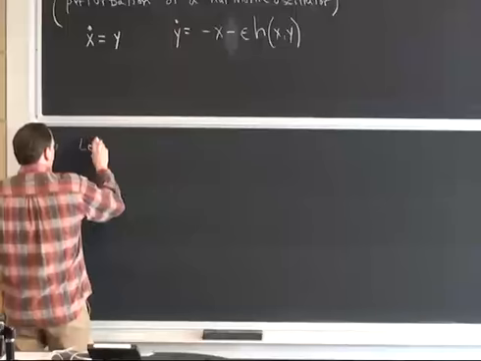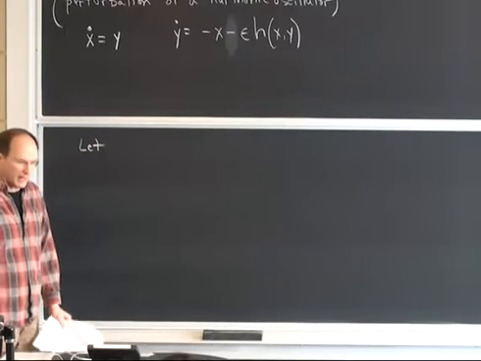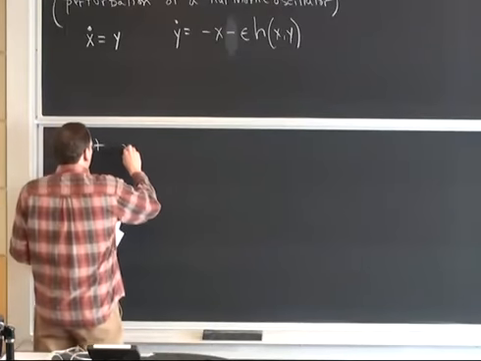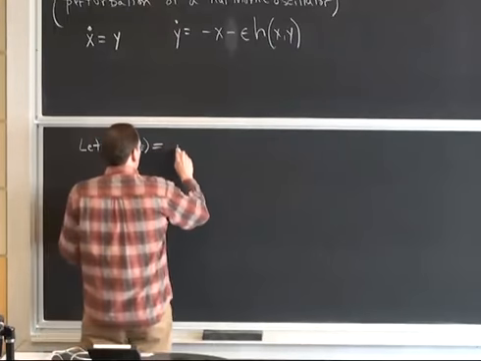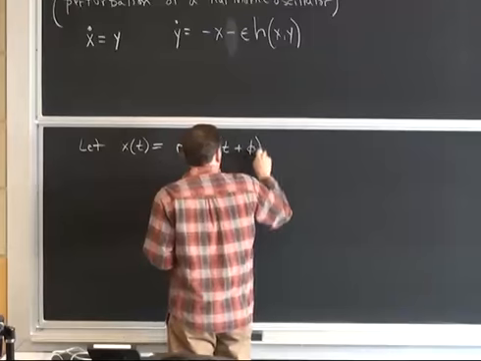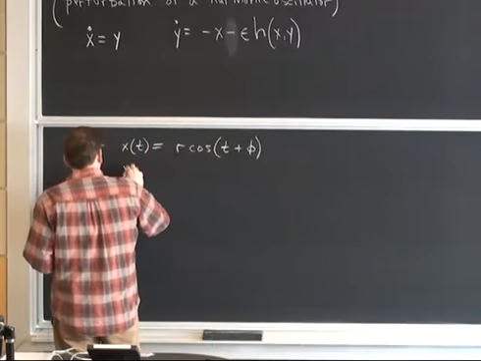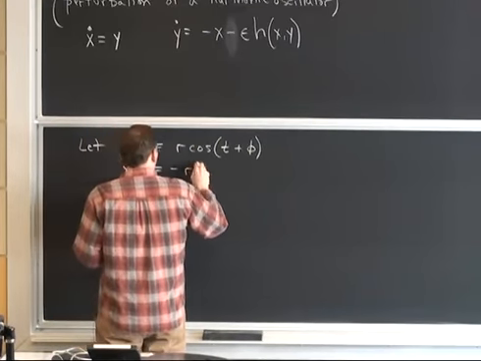Here comes a step that many people find confusing, so be sure to ask me if you don't get what I'm saying. I'm going to let x of t equal r cosine of t plus phi. And I will let y of t equal minus r of t sine of t plus phi of t.